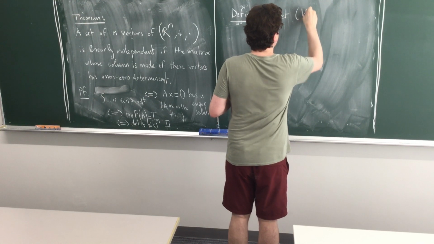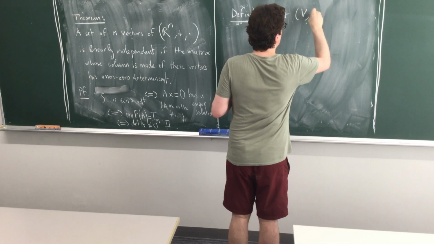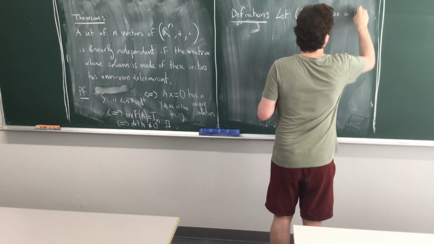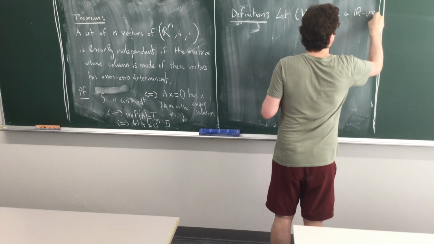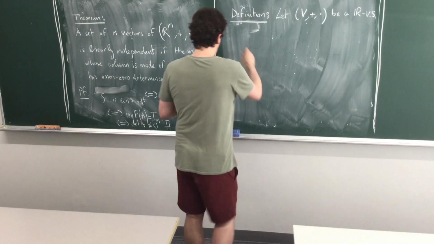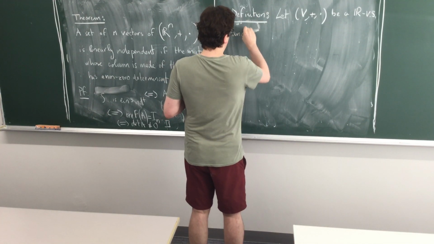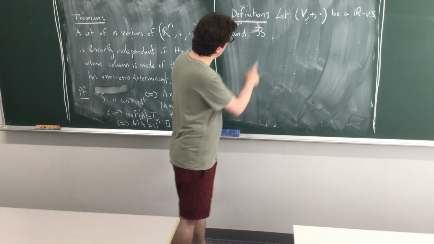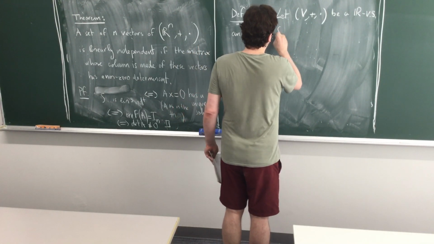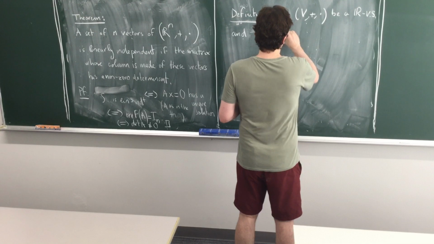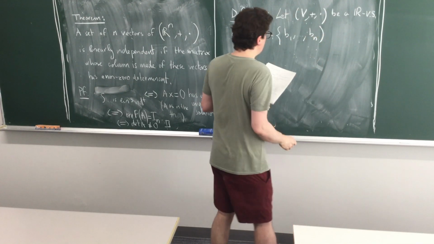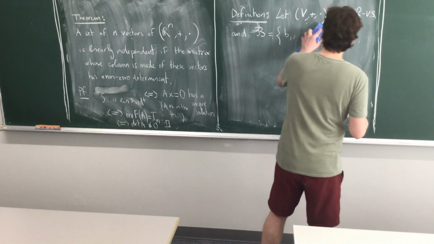Here again, we fix some R vector space. I'm going to use the letter B, Gothic B. This will denote some set of vectors, B1, Bn.